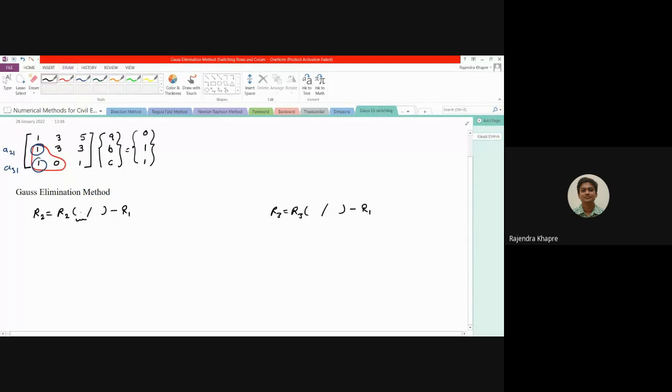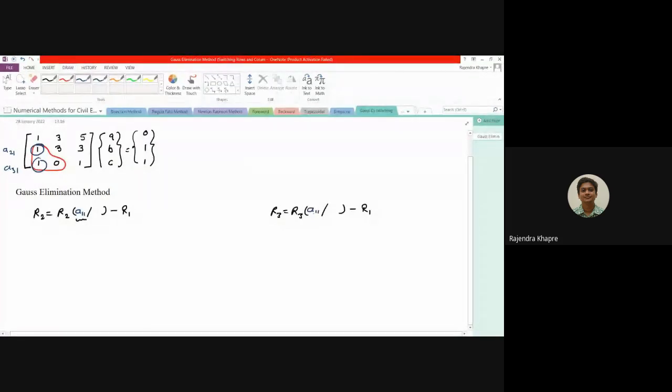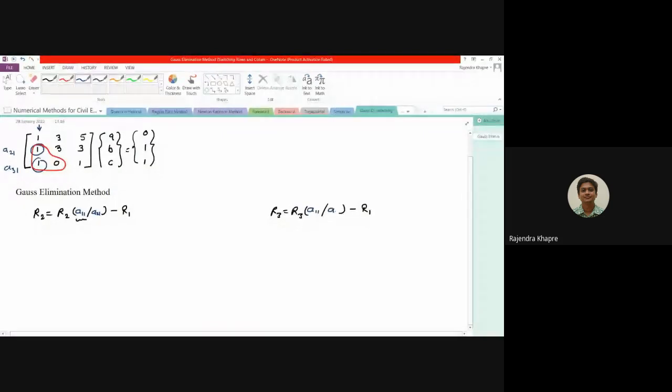This should be A11, and here also this should be A11, because we are operating on the first column. So this should be in the numerator. It should be A11. As far as the first equation is concerned, I should write here A21, and here I should write A31.